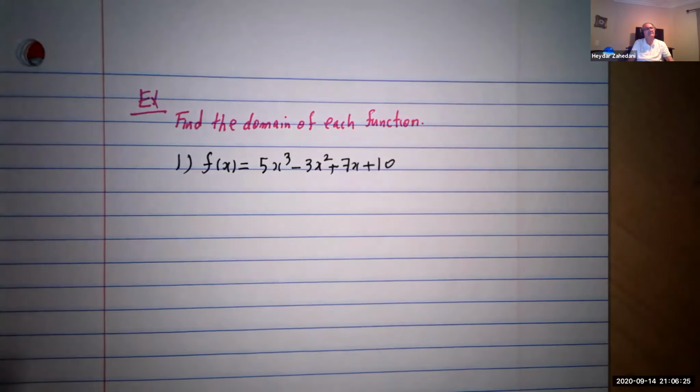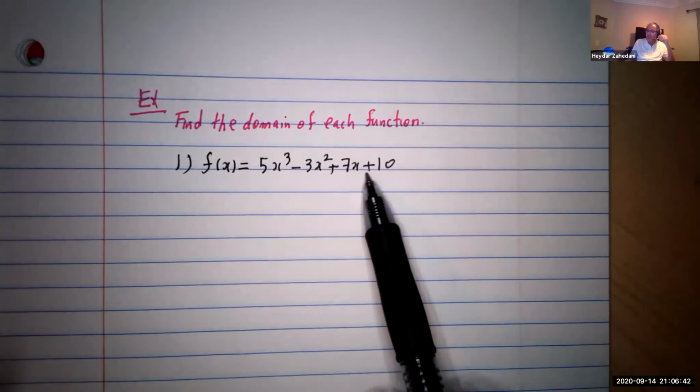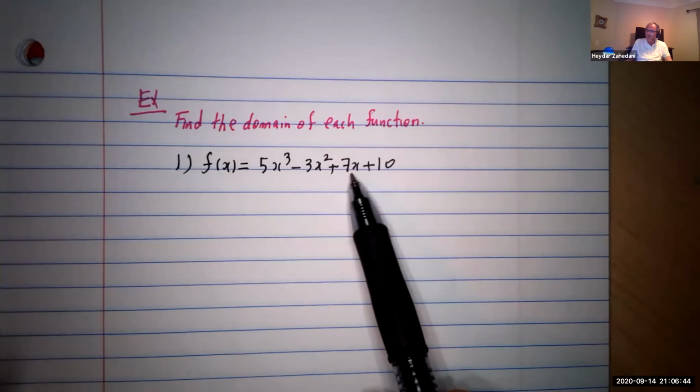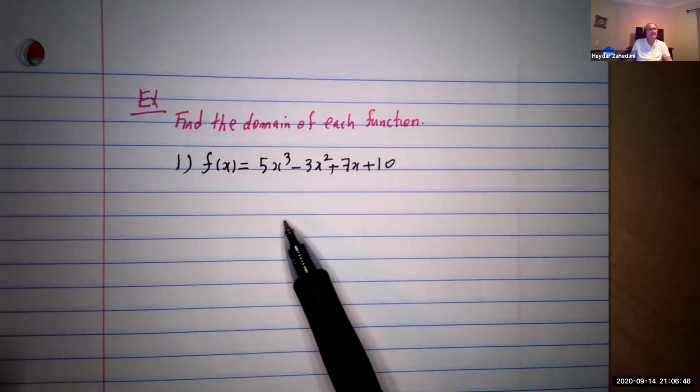Look at this function. This function is like a calculator. You put the x into the function, and this is what they are going to do to your x. So what type of operation are they going to use? They are going to use addition. They are going to use multiplication, 7 times x.